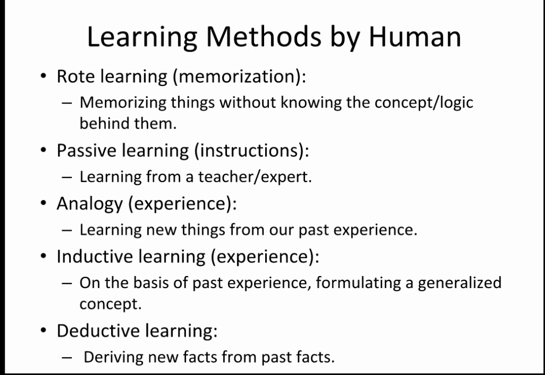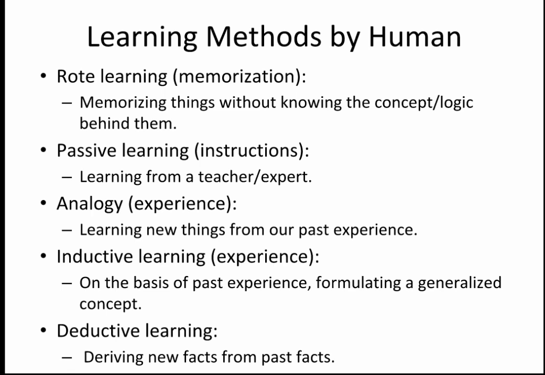Inductive learning is a type of learning where we try to generalize a thing by looking at multiple specific things. For example, if you have been shown some pictures of birds, you will say that a duck looks like this, it's white in color and it has feathers, or a sparrow looks like that.